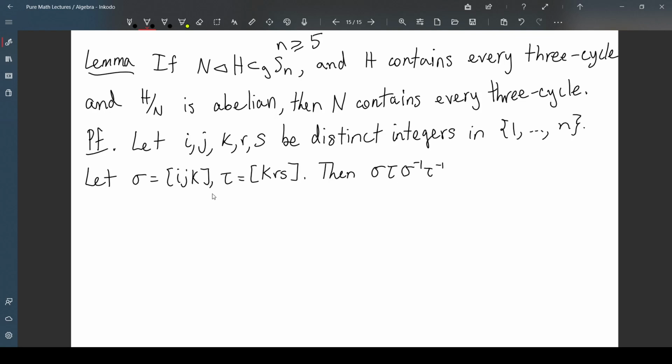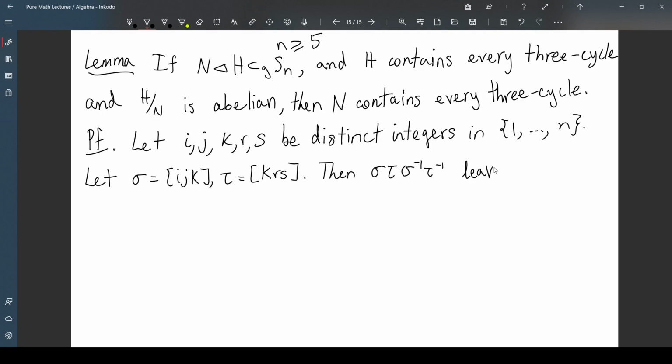Essentially we know that if we pass any element which isn't one of these elements, if we pass through any number which isn't i, j, k, r, or s, then it's going to be fixed.